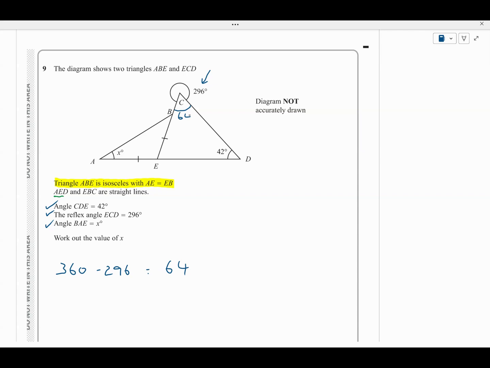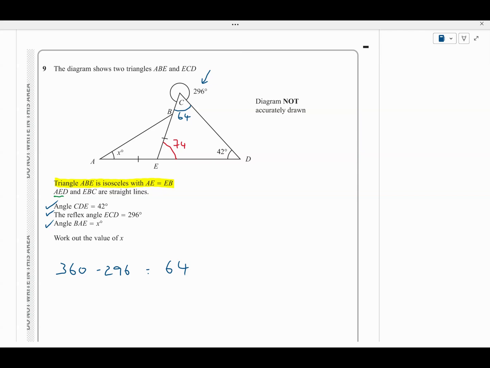Now I've got 64 and 42, and together they have to make 180. So I'm going to do 180 minus 64 minus 42, which means that that angle there is 74.